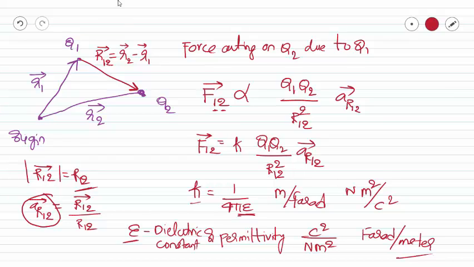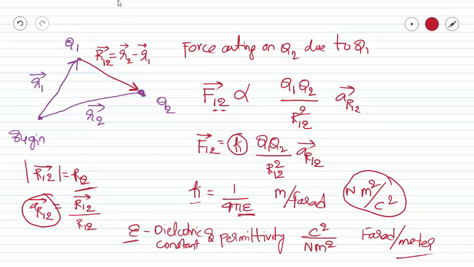Okay, so after substituting the proportionality constant into the expression, k has units of Newton meter square per Coulomb square, and force has units of Newton.